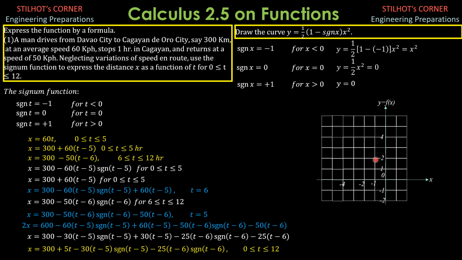Then when x is −1 here, y is 1, so it passes through here. Here, when x is −2, y is 4, it passes through here, then extended. And when x is positive, greater than 0, it is always 0. So the graph looks as shown.